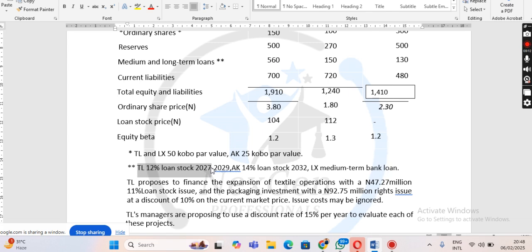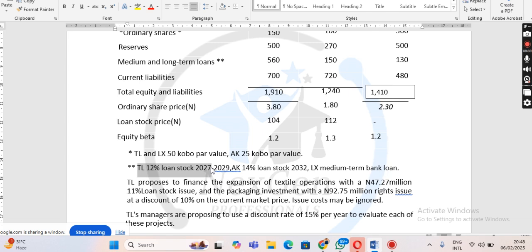Now you can see that this 12% is before tax. They've not actually included the tax element. In this question, it was not even indicated if it is pre-tax or post-tax, but when you see something like this, it is pre-tax.